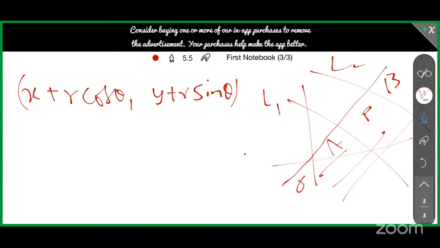The variable line means what? A line which is getting varied. Maybe moving like this, like this, like this. Correct? That is called a variable line. Yes or no? Yes, sir. A line is not a constant, but a line is variable. What is the specialty of this variable line? This variable line is passing through origin.